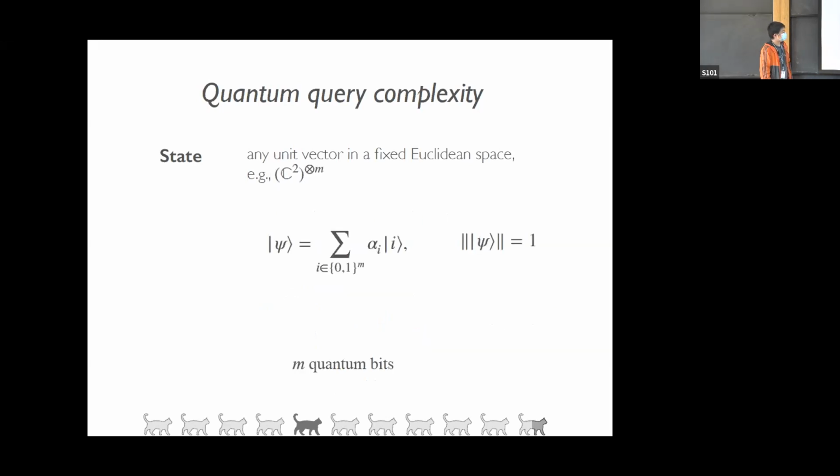If we have a system consisting of n quantum bits, then it is represented by a unit vector in the space C^2 raised to the tensor power of n. This is a space of dimension 2^n.